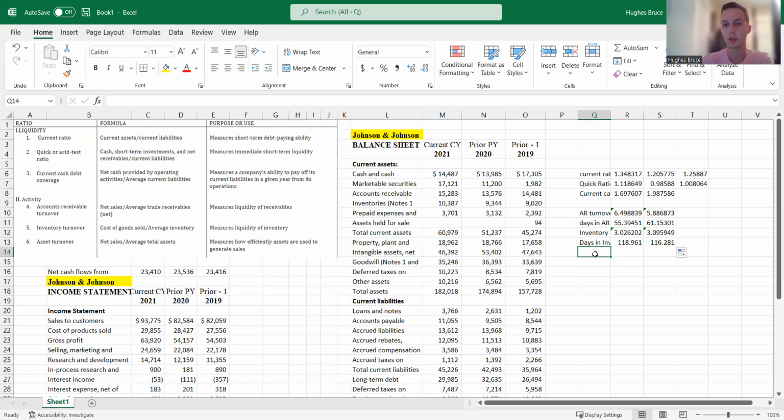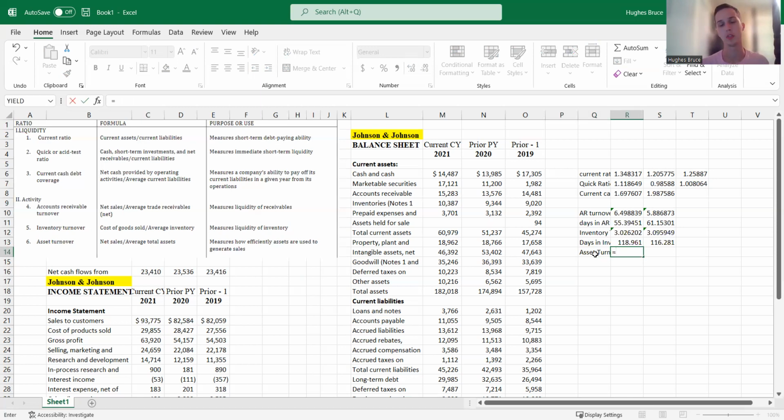The asset turnover ratio is a little bit different in that it measures how well the company is using its assets to generate sales or to make sales. And generally you want this to be higher rather than lower, because a higher number indicates that the company is using those assets to make sales, versus a lower number, which is less sales for the same amount of assets.